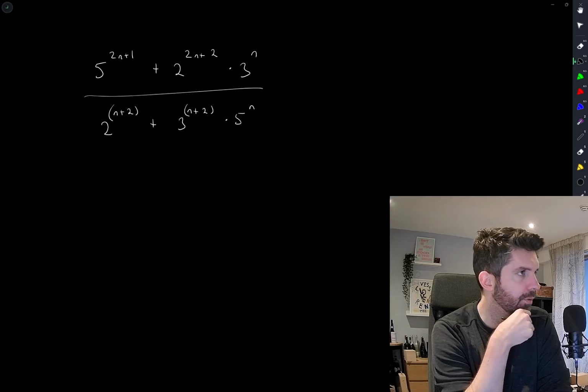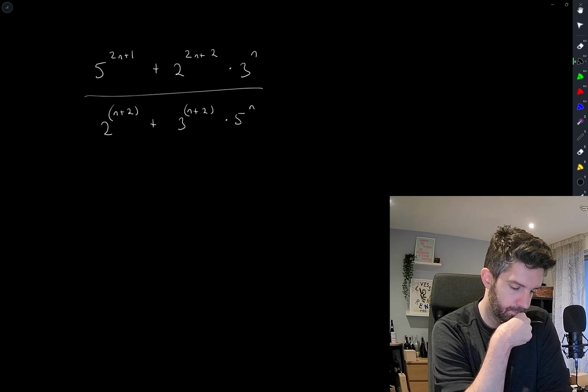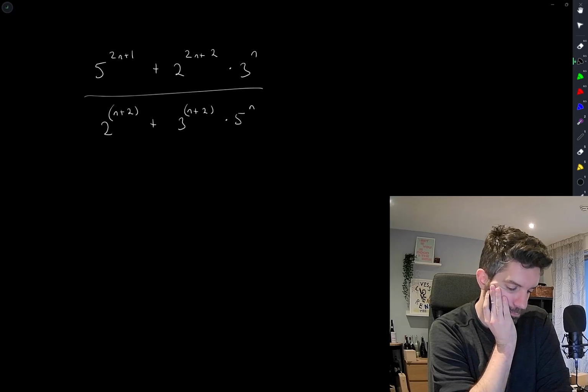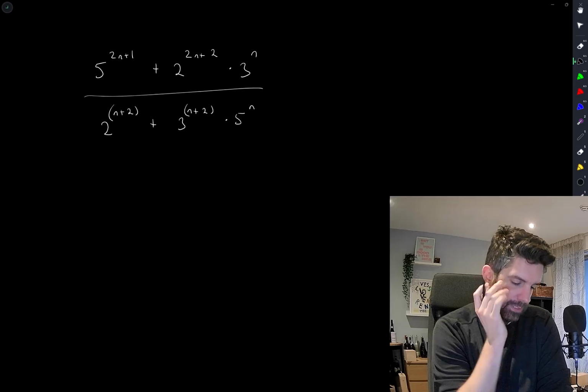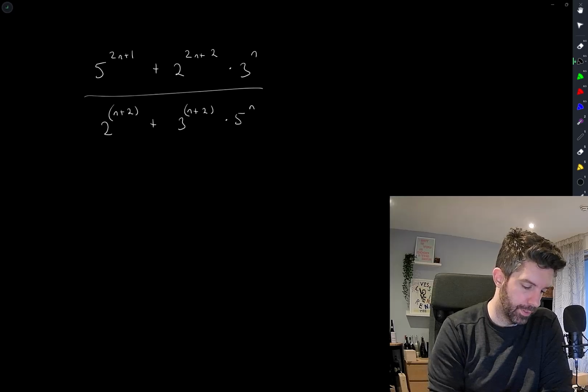How do you show something is divisible by 13? We can check if n is equal to 1. Why don't we start with n is equal to 0?